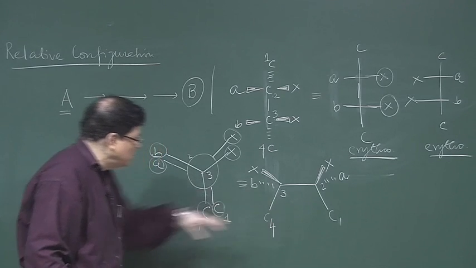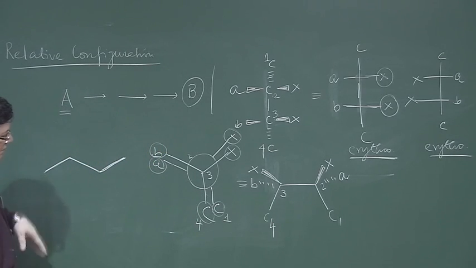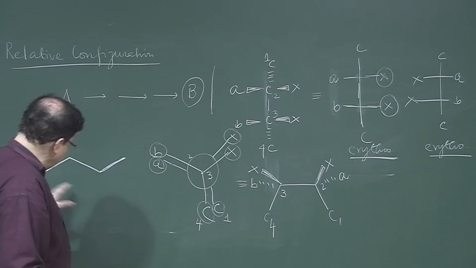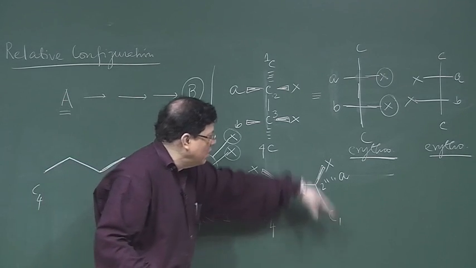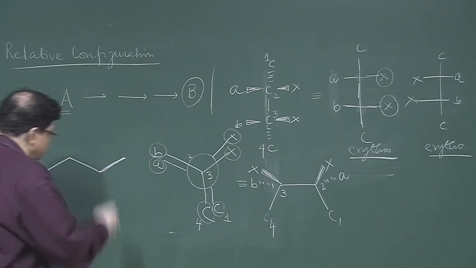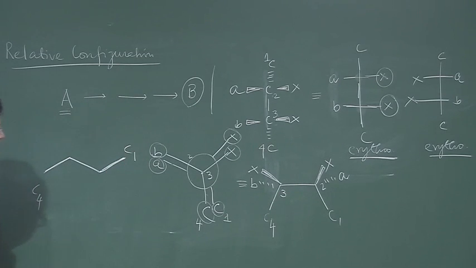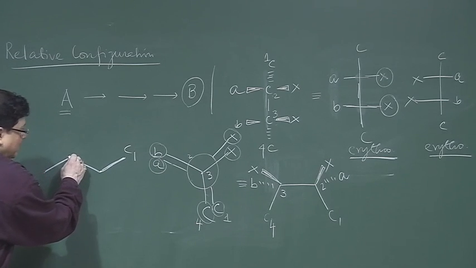Now, if you want to make it in a zigzag fashion, that means your C4 remains here on this side. So, you turn the C1 to the top to make it zigzag, and if you do that, C1 goes to the top, and here everything remains the same.